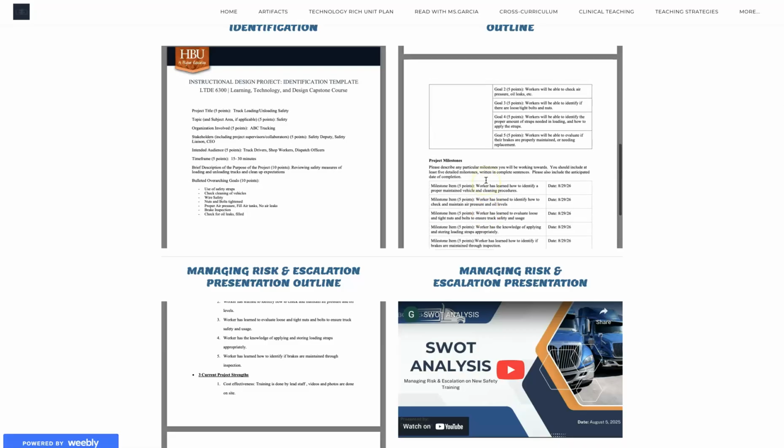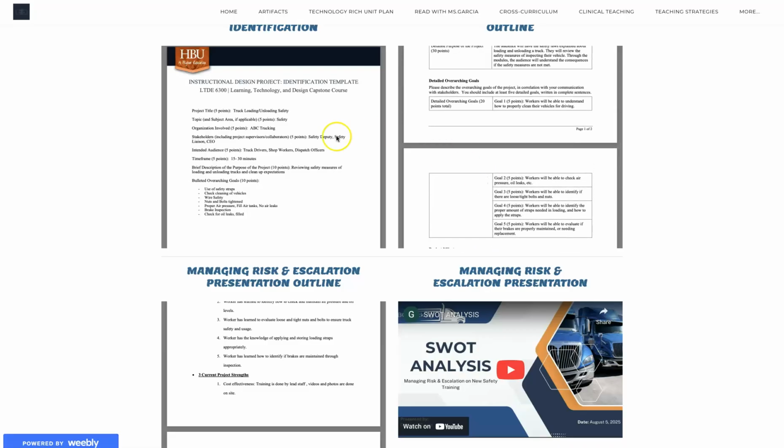And then having the outline of breaking down the goals, because like I said, in identification I just listed them, and then in the outline I was able to say this is exactly what the goal is going to be and what I needed to build the project towards.